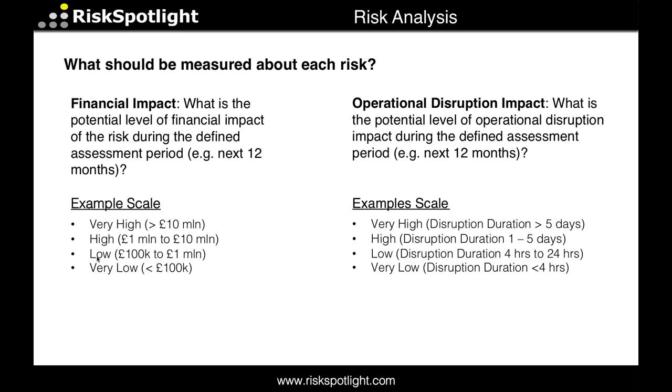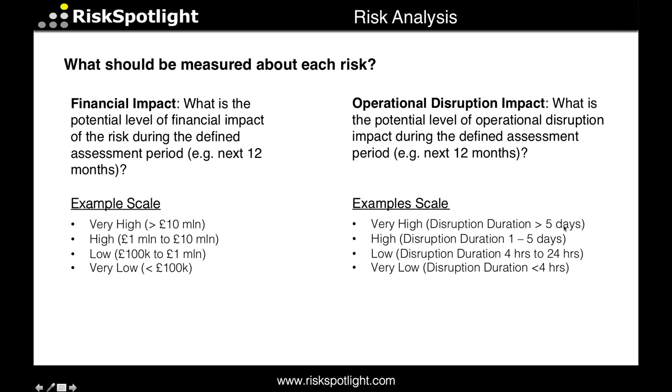Then you may also have impact or consequence-related scales. There may be a financial impact where we may define very high, high, low, very low. And then again, we put some numbers around that to remove any ambiguity. Because we're talking about operational risks, some of our operational risks will result in disruption to our business operation, so you may want a scale to measure that level of disruption.